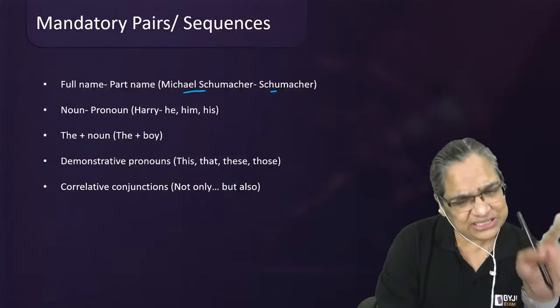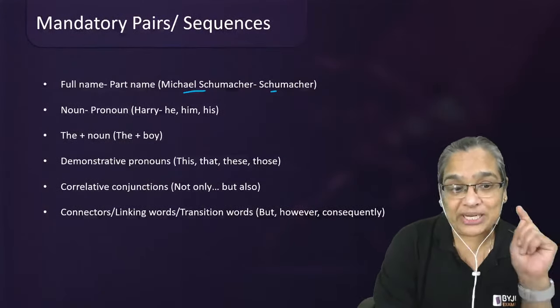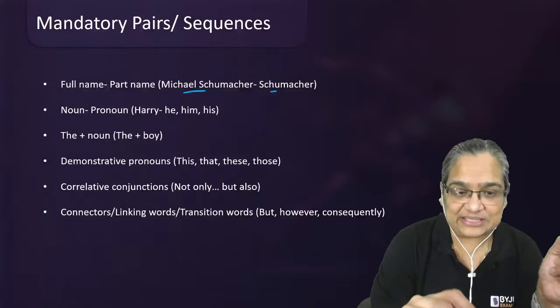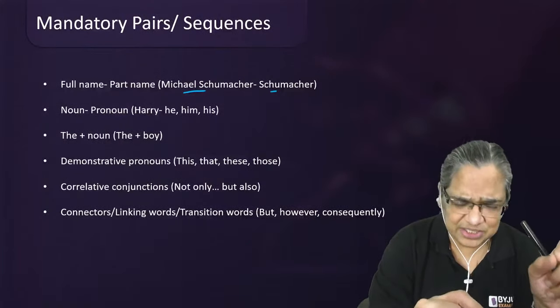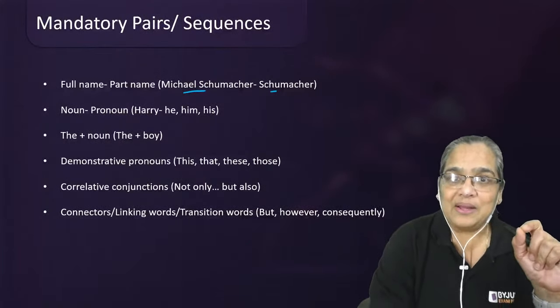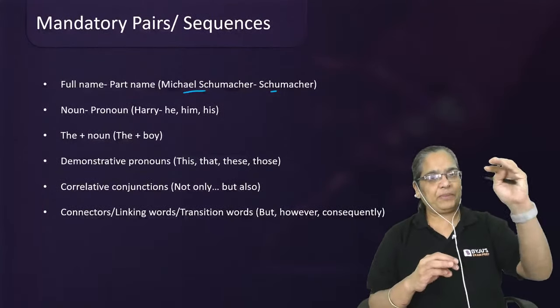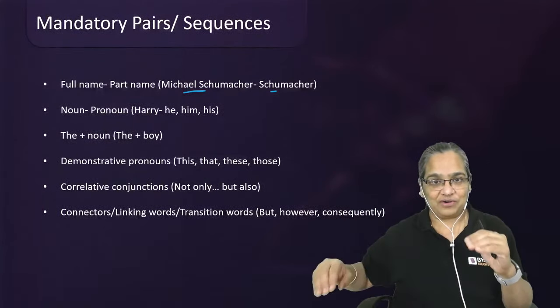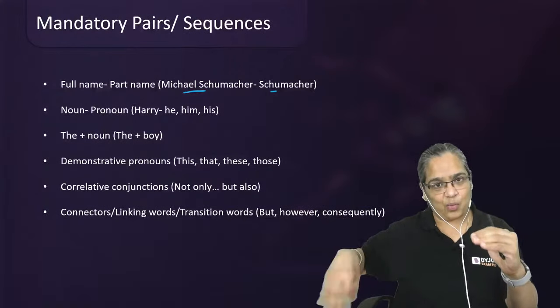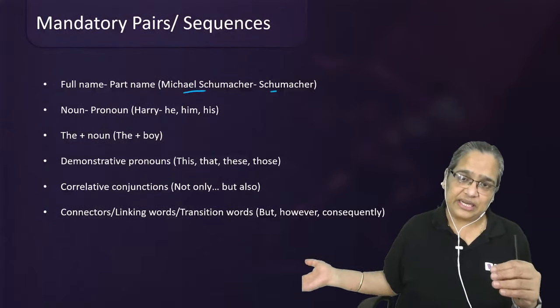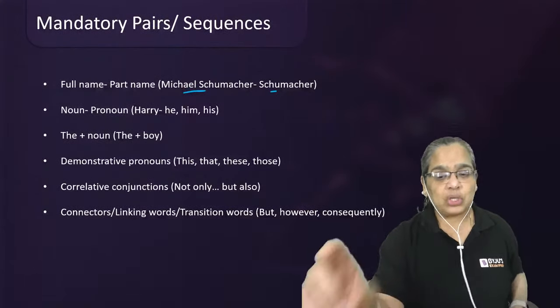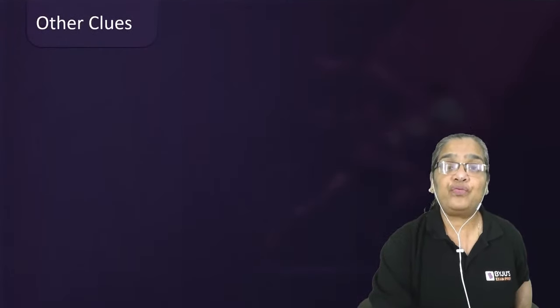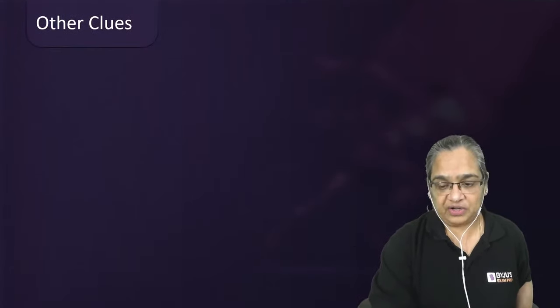Correlative conjunctions sometimes. More important are the connectors, the transition words. Why? Because they say, generally people believe in A and B, however, then you will say A and B will come first, and 'however' is stating the opposite or contradiction, which will come after this. So those are some of the ways in which you figure out the order of sentences.